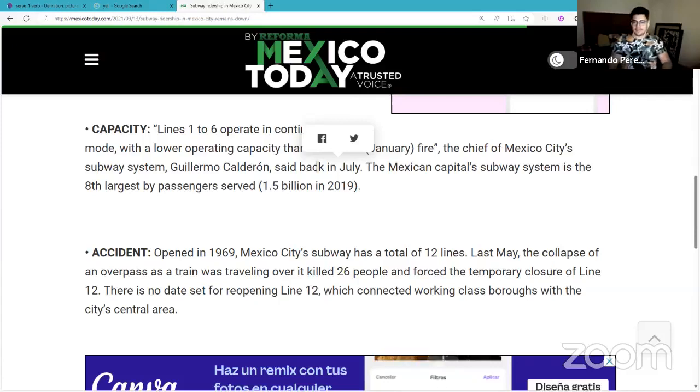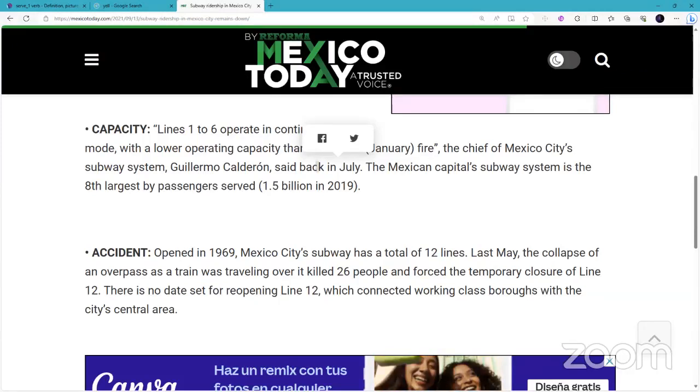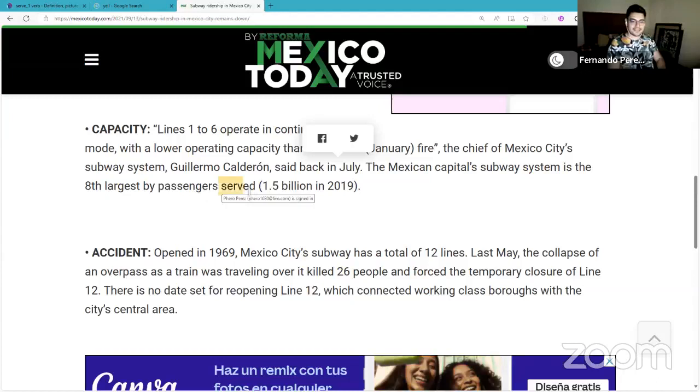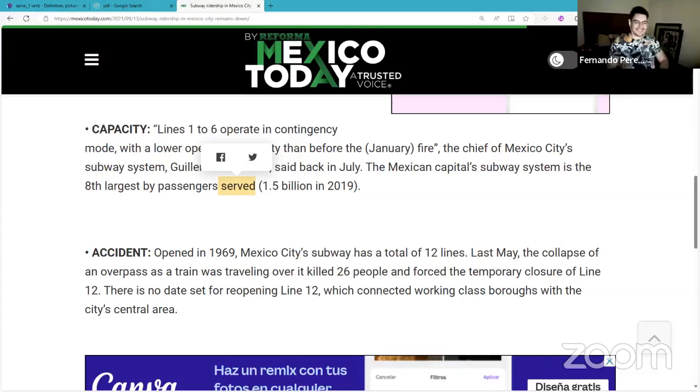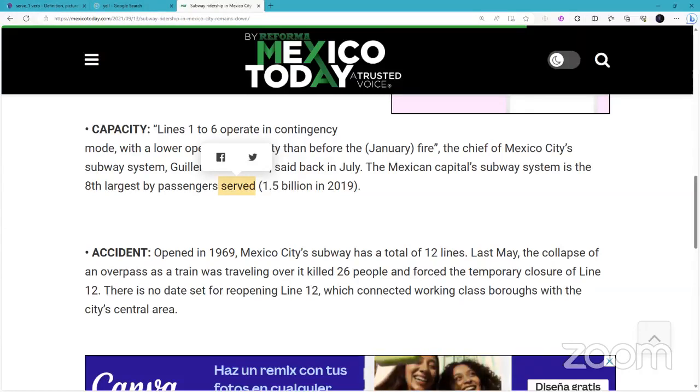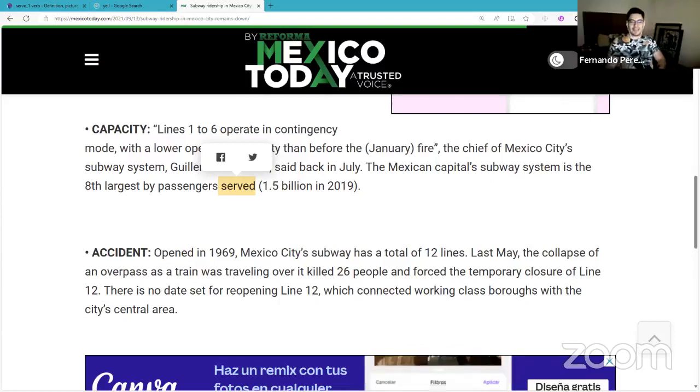The Mexican capital subway system is the eighth largest by passengers served. Again. Served. Yeah, I'm going to dream this served. That's very probable, and I hope so. I really hope so. Yeah.